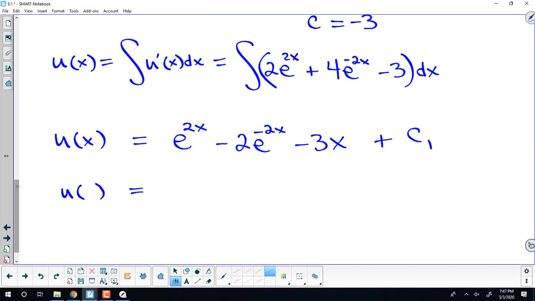Is it technically wrong? Yeah, it is, because C is reserved for something else. But I'm not nitpicky about that kind of stuff. You should be careful, but I just saw there was no other C in this part of the problem. And that's totally logical.